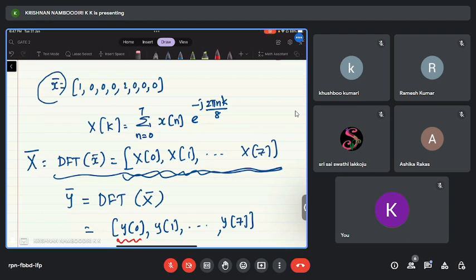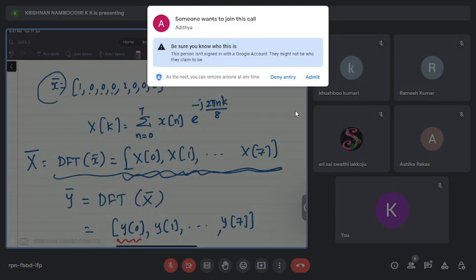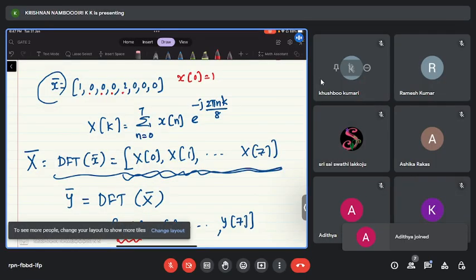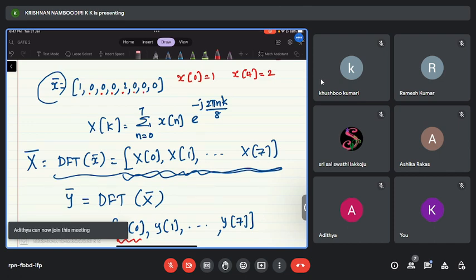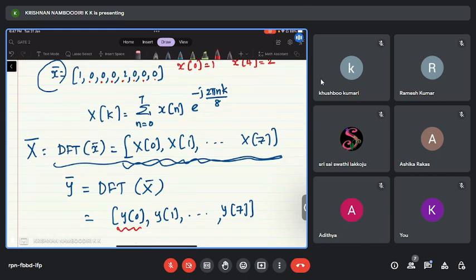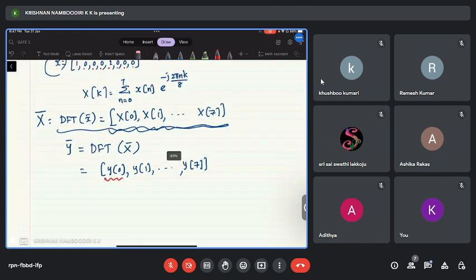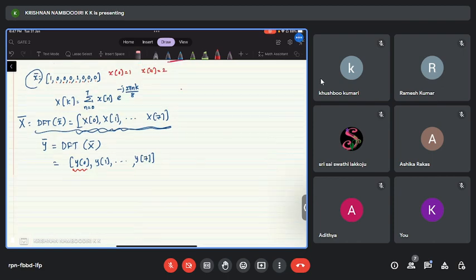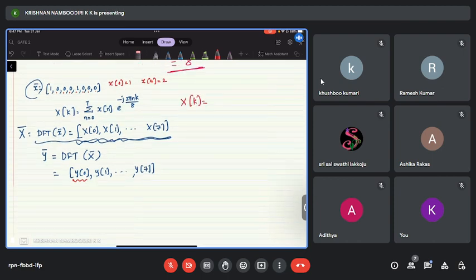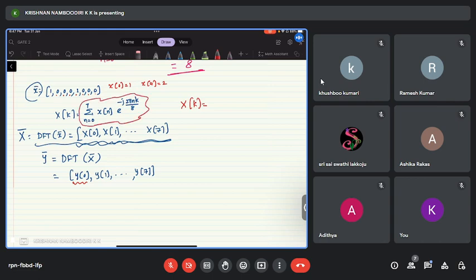If you see x, there are only two non-zero entries in small x. x0 is 1, x1 is 0, x2 is 0, x3 is 0, and x4 is 2. Again x5 is 0, x6 is 0, x7 is also 0. Now X of k is equal to, in this summation, I have only two non-zero entries.